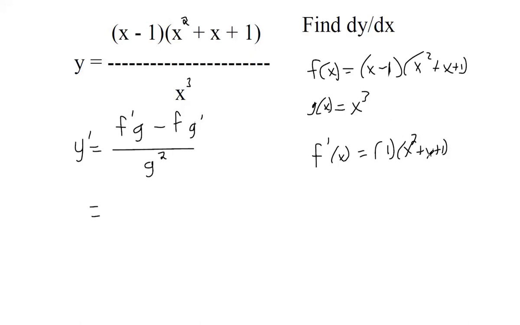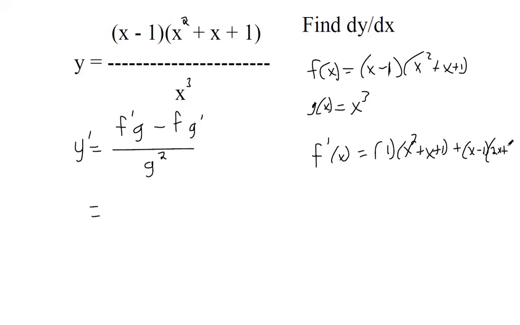And then the product rule says you do it again, except you keep the first thing the same times the derivative of the second thing. So it's x minus 1 times the derivative of this. And using the power rule, the 2 comes down and multiplies and gets reduced by 1. So this is 2x, and then the derivative of x is 1. So this is 2x plus 1.